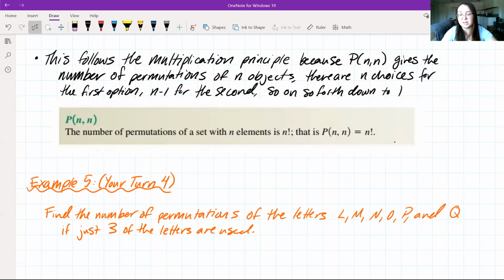That is, the permutation of n and n is equal to n factorial. So really the key fact to get from all of that was just that P of n comma n is essentially the multiplication principle. And so you're just going to get n factorial. That would be it.